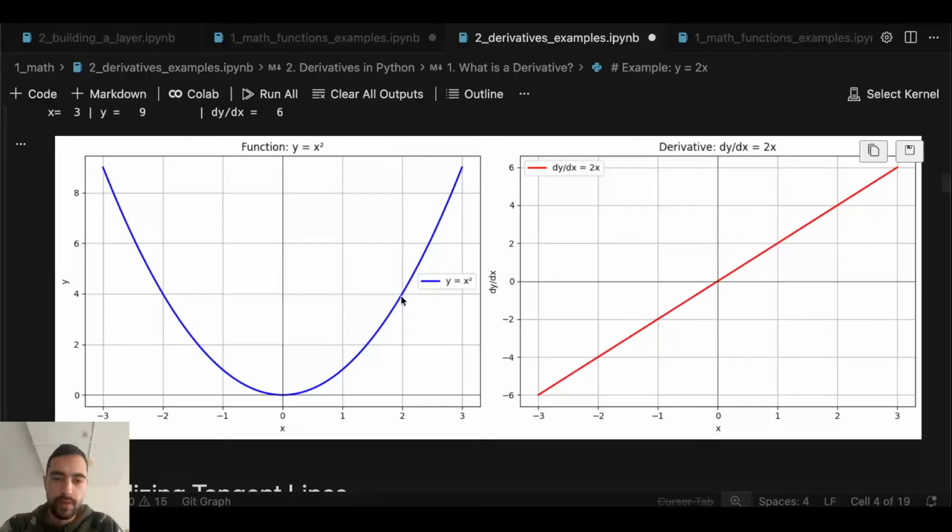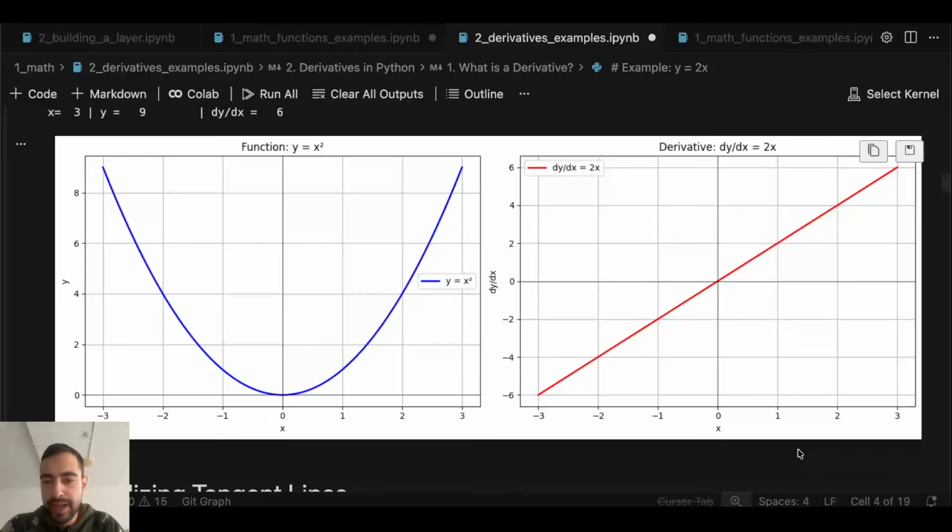So if you increase x by a bit, the y will increase 4 times, because at this particular place, let's calculate the derivative. The derivative is 2 times x, so 2 times 2 is 4. So at this place, if you increase x by a little bit, the y will increase 4 times that little bit of your increase.